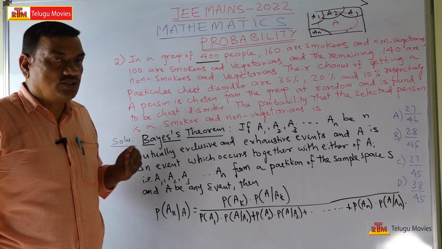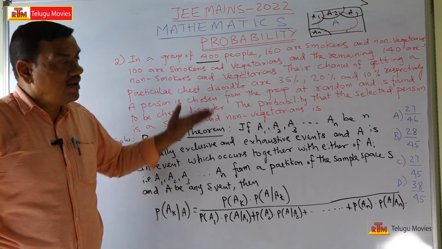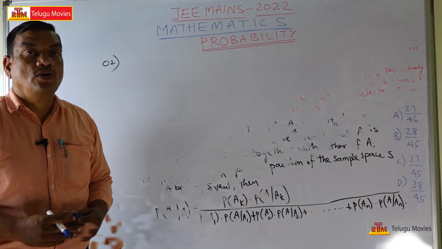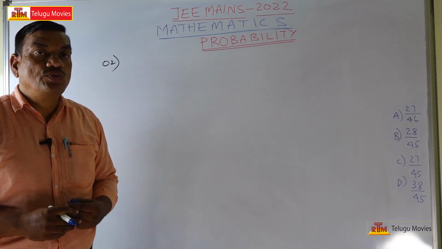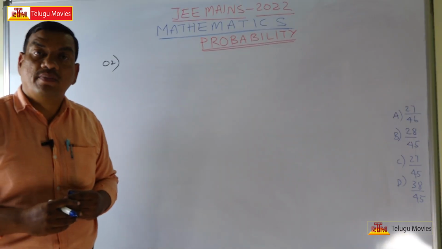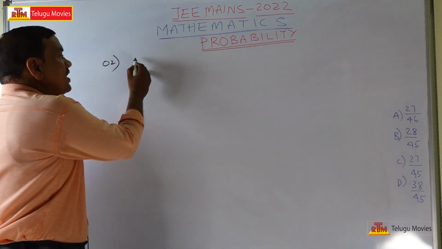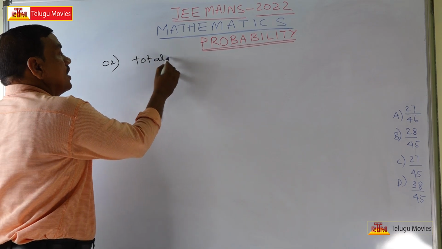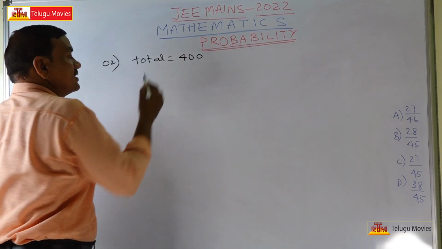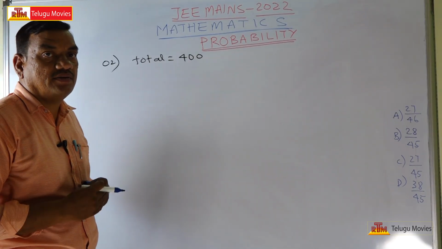So let us go for the solution of the main problem. Dear students, coming to the solution of our main problem, that is the second problem. Given, the total number of persons is 400 in that locality.